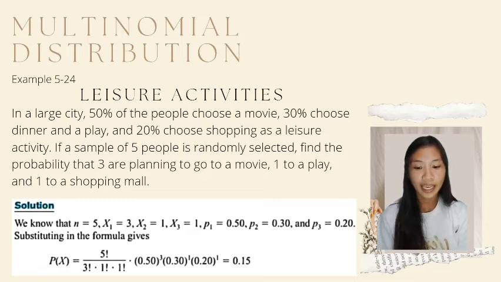Substituting in the formula, it gives probability of x is equal to 5 factorial over 3 factorial times 1 factorial times 1 factorial times 0.50 to the power of 3 times 0.30 to the power of 1 times 0.20 to the power of 1, which is equal to 0.15.